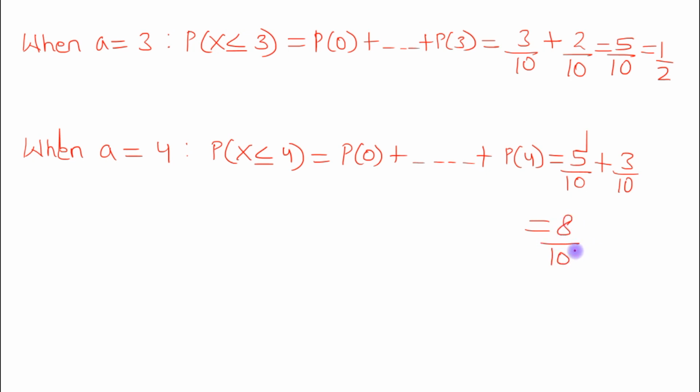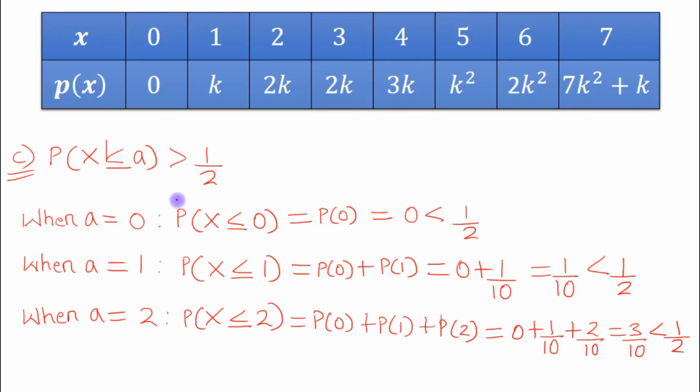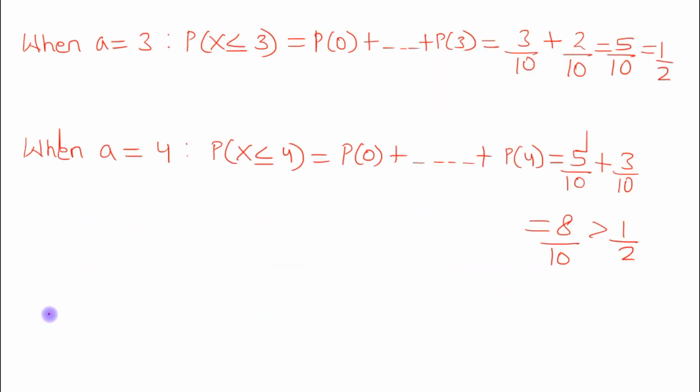Now this value is greater than half. So this value, that is 4, satisfies this equation. That's why we can say that the minimum value of a is 4. Okay, thank you.